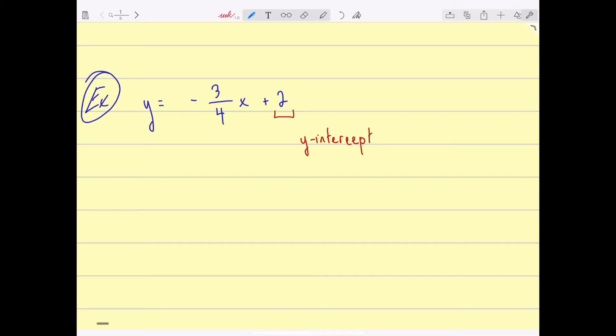And the slope is a fraction, so this is still my slope. And just to be really clear, I'm going to draw this as a box. This is the slope. x is not part of the slope. The slope is simply the number in front of x.